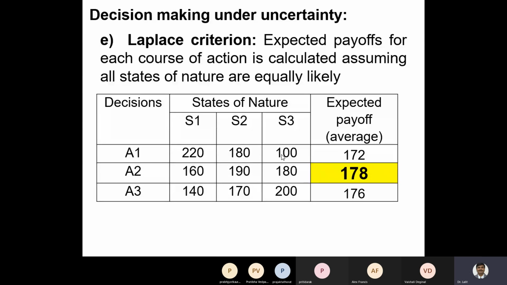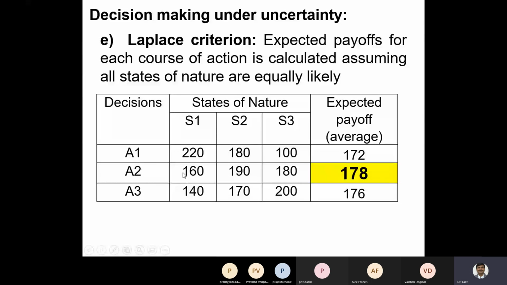So in Laplace criteria, to decide which decision is to be taken, first we calculate the average of payoffs for each course of action. Here the average payoff for the first course of action is 220 plus 180 plus 100 divided by 3, which is 172.